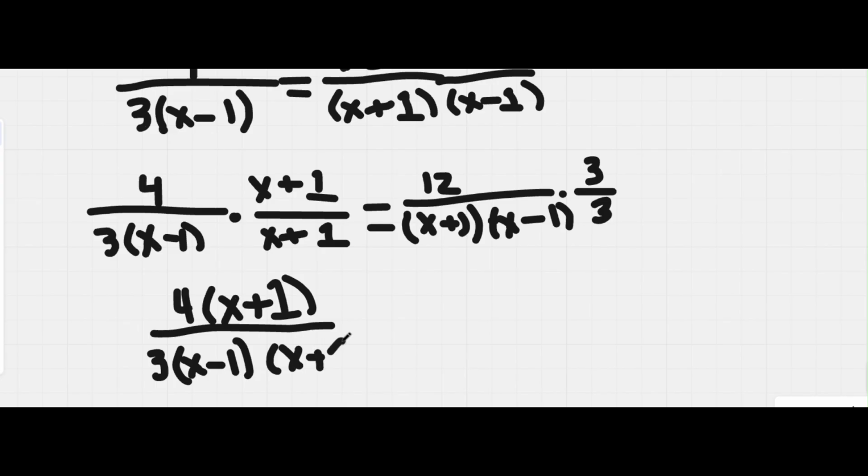All we're doing is finding an equivalent fraction to manipulate the denominator so that we can have the same denominator on both sides of the equal sign.